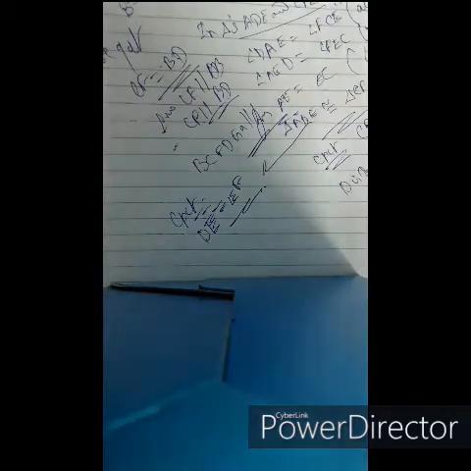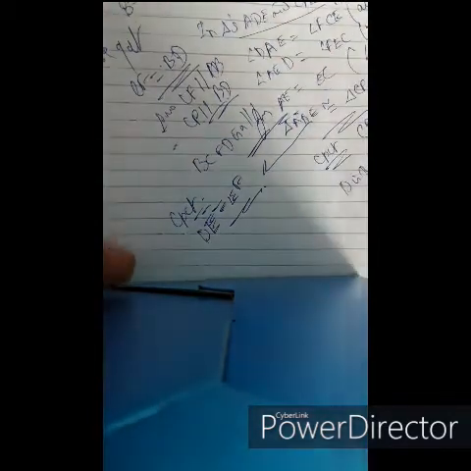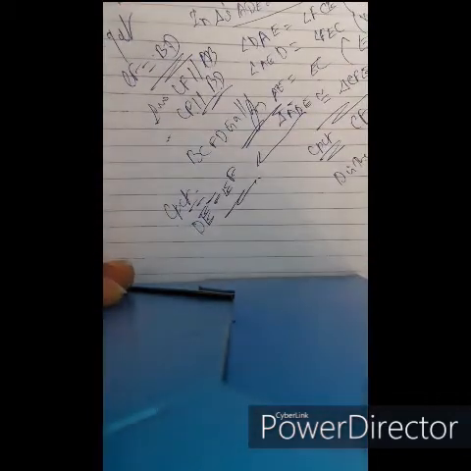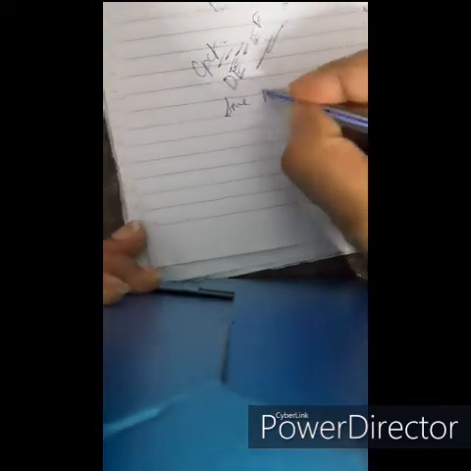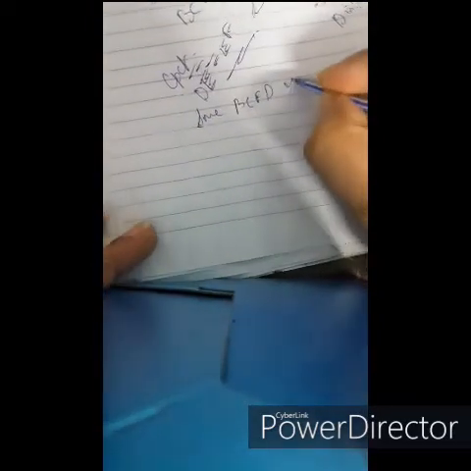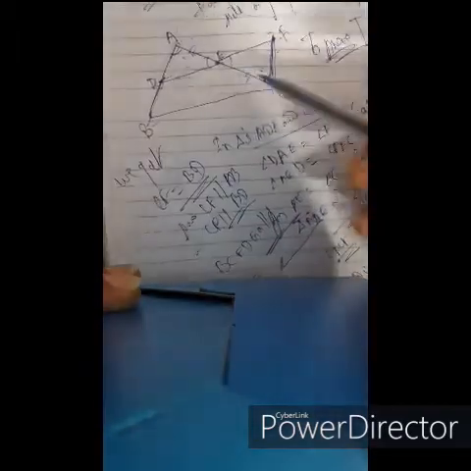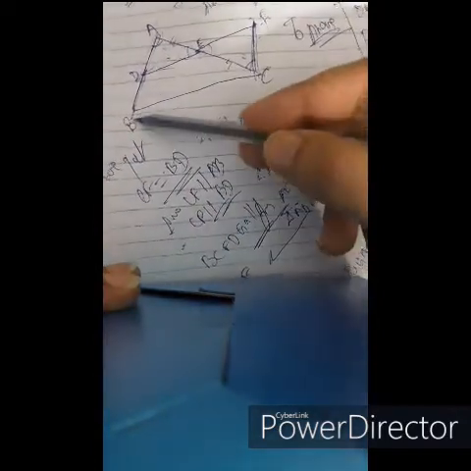So since DE equals EF, and since BCFD is a parallelogram, as we have proved, these two opposite sides of the parallelogram are also equal.